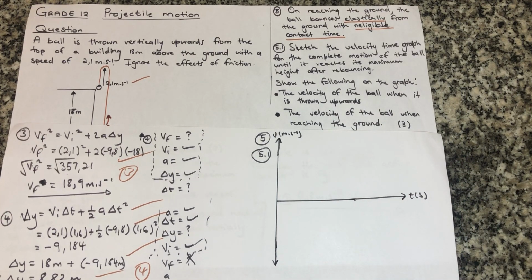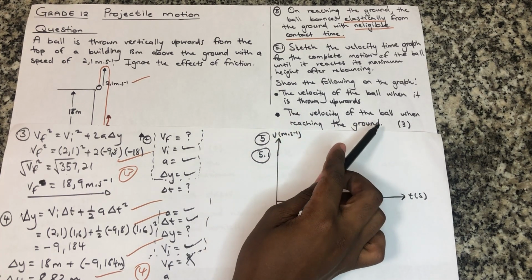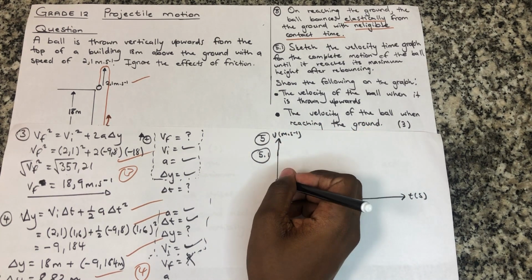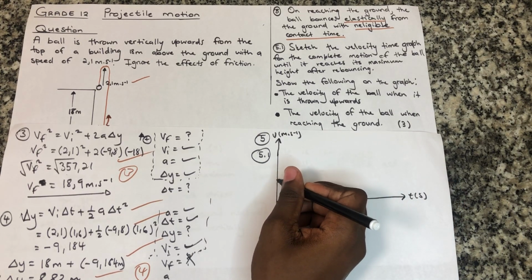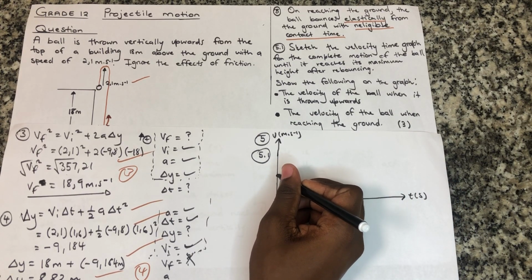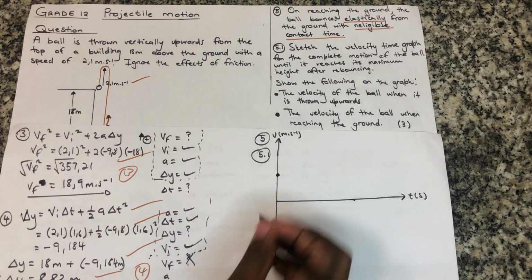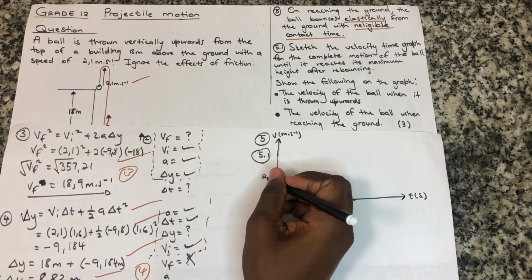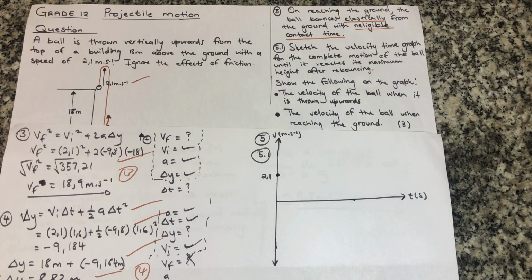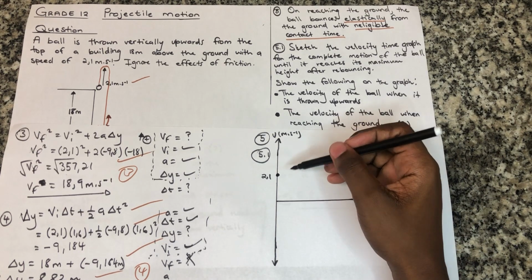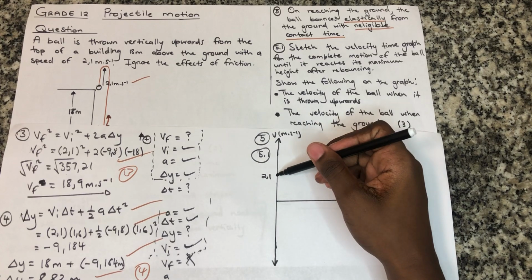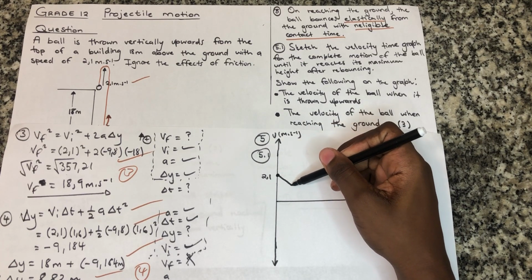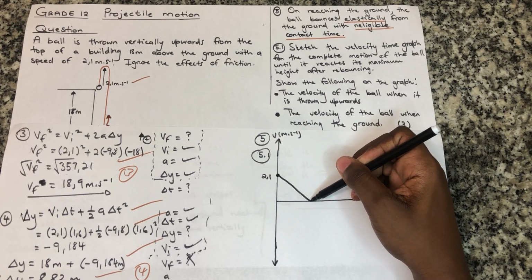Okay, so let's focus on what is given there. That must be the velocity of the ball when it is thrown upwards. It was 2,1 meters per second, at around this point here. The ball goes up until it reaches maximum height, so the velocity decreases until it becomes 0 at the maximum height.